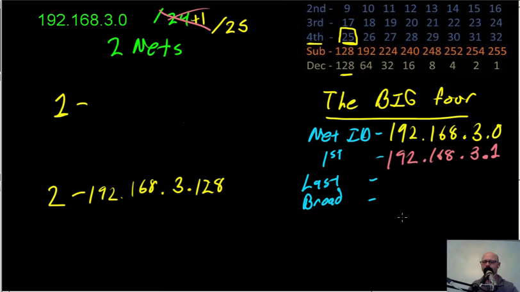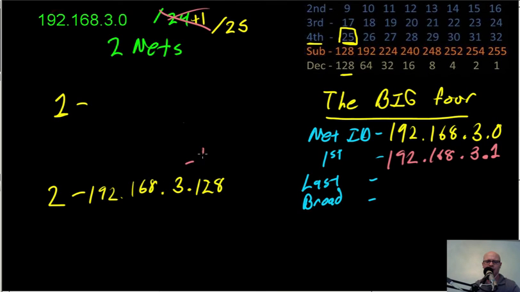Now, the next piece of information I like to find is the broadcast address. The broadcast is the next subnetwork's net ID minus 1. What do I mean by that? Our next network here is 192.168.3.128.